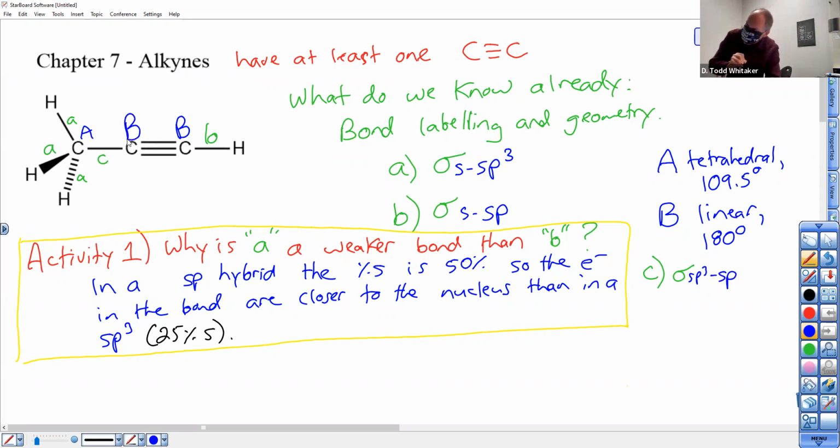Label B, because it's linear. And that's C, and then we'll do D, and that'll be this sigma here. Oh, that's our best sigma of all, right? Both parts are 50% S. That's a good, strong sigma bond.